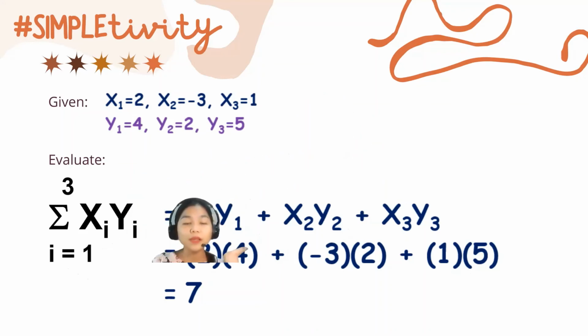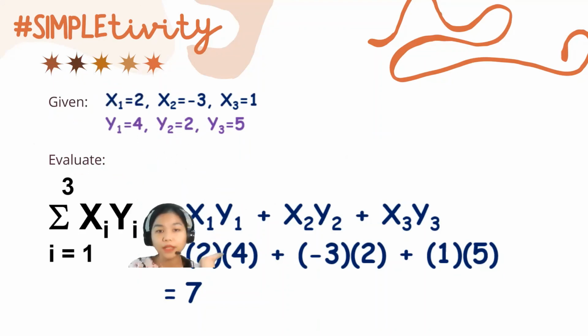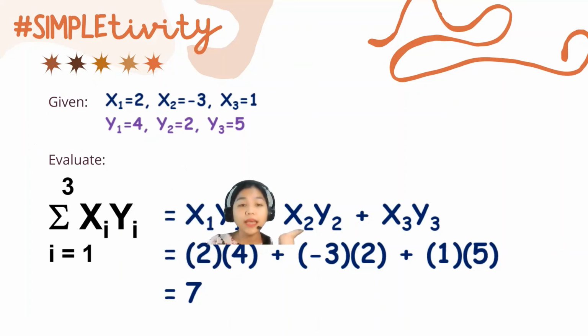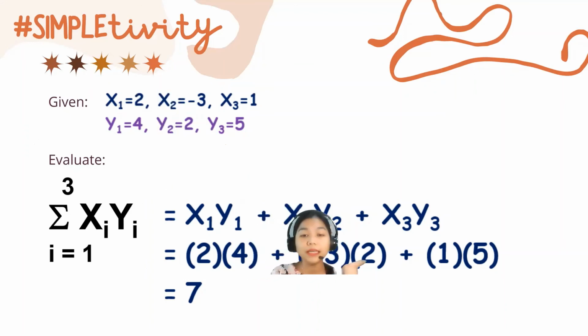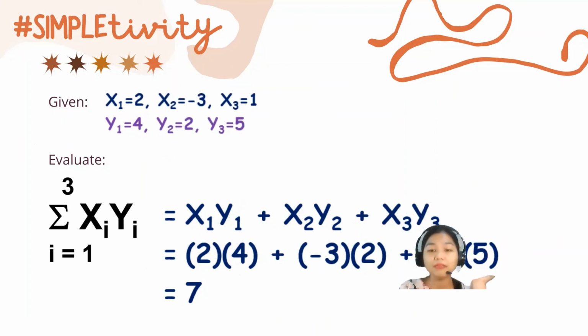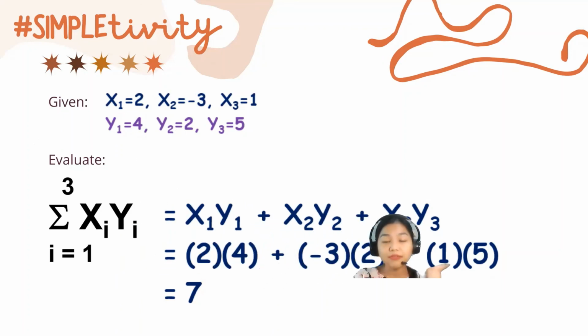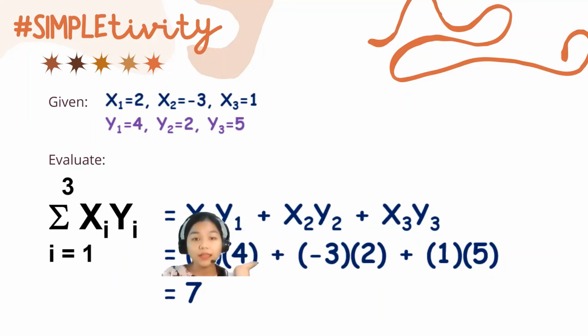So x1 is 2, given here, times 4, which is y1. So 2 times 4 is 8, of course. And then x2 is negative 3 and y2 is 2, so negative 3 times 2 is negative 6. x3 is 1 and y3 is 5, so 5. So we have 8, negative 6, and 5 as the three products.